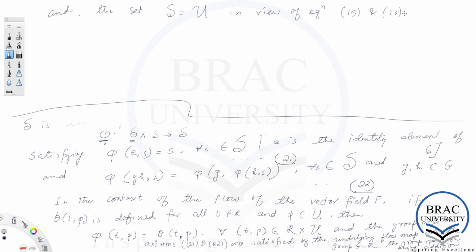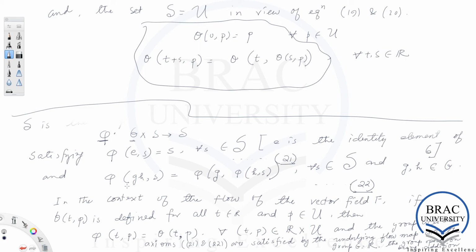Okay, which was theta 0 comma p is equal to p for all p in U, and the second equation was theta t plus s comma p is equal to theta t comma theta of s comma p, for all t and s in R. Okay, so compare these two equations with these two group action axioms, and you will see that in our case the underlying group is the additive group of real numbers and the set is the open set U of R to the n. Okay, good.